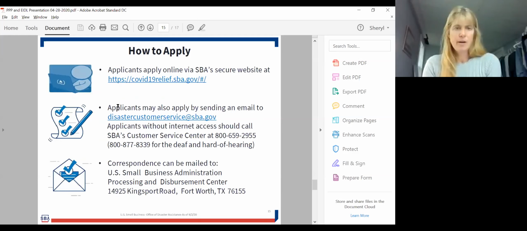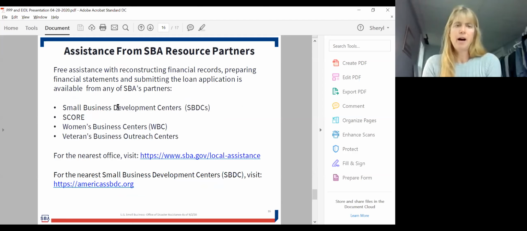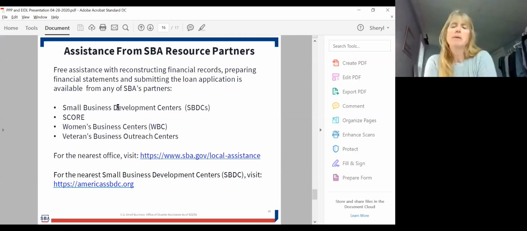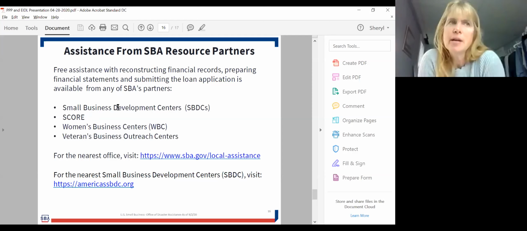And how to apply. So I want to really remind people about resource partners. SCORE, the Small Business Development Centers, the Women Business Centers, and the Veteran Business Outreach Centers are all equipped to assist you with business counseling. In addition, both the Women Business Centers and the Small Business Development Centers have actually been contracted with the state to help people fill out applications.